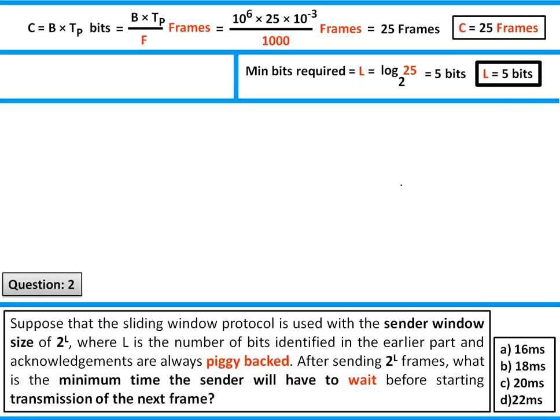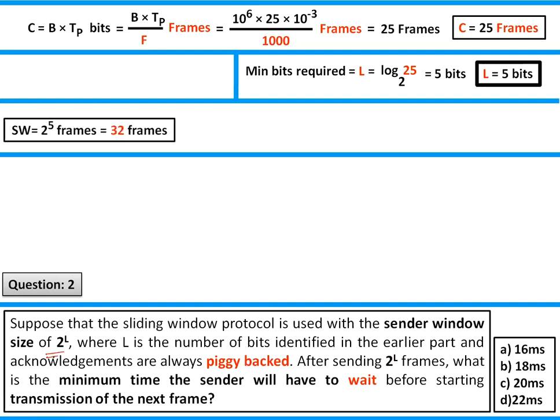The second question. Suppose the sender window size is 2 power L, that is 32 frames. Acknowledgements are always piggybacked. Please understand, whenever I say piggybacked, there won't be any separate acknowledgement. Acknowledgement plus data will come together.